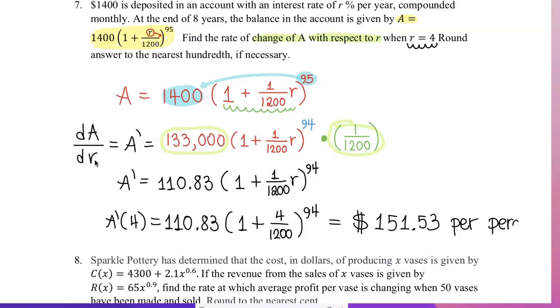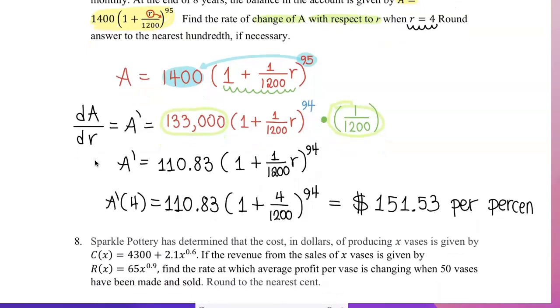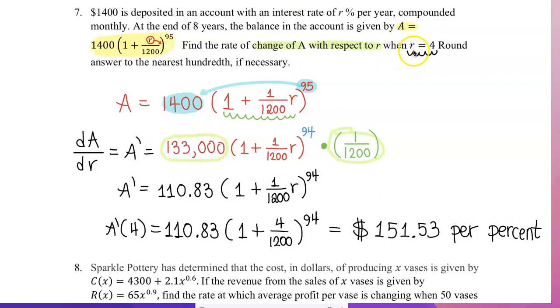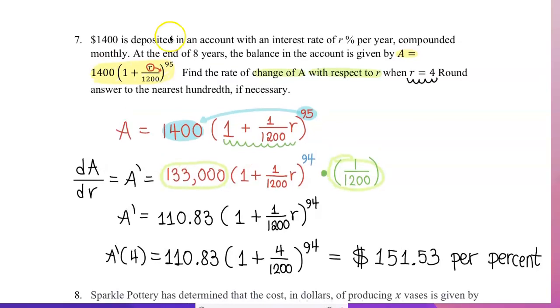Sounds weird, but what's happening is this: if the rate goes up by 1 percentage point, the balance after 8 years, I'm going to have this much more money. That's what it is. So that is how you can find the rate of change of A with respect to R using the chain rule to figure out the answer and the unit for this.